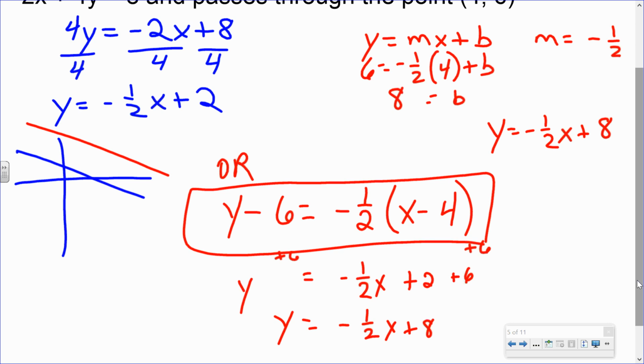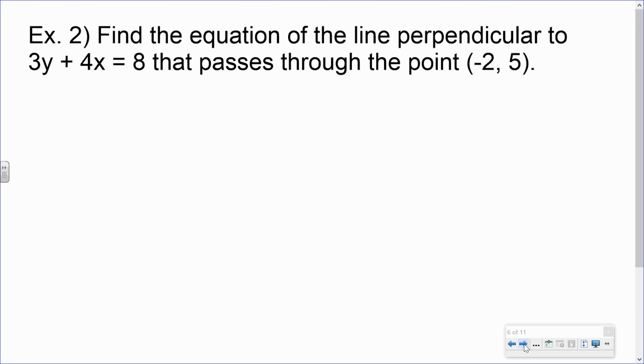Let's try one more before we move on to other things. What do we do now? What's going to happen with this one? Mia?